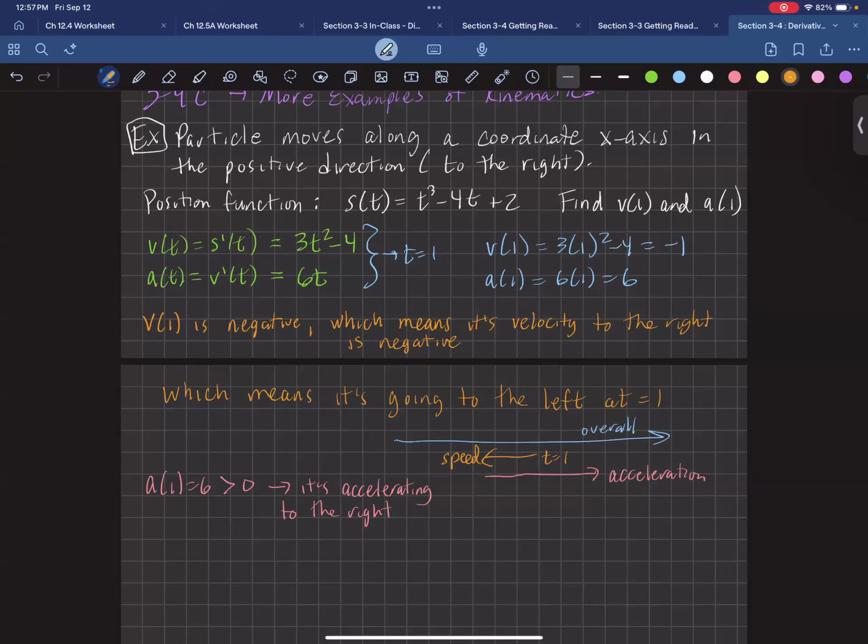So if I have a velocity in one direction, but I'm accelerating in the opposite direction, it means I'm slowing down. The particle is slowing down. And this occurs when velocity and acceleration have opposite signs.